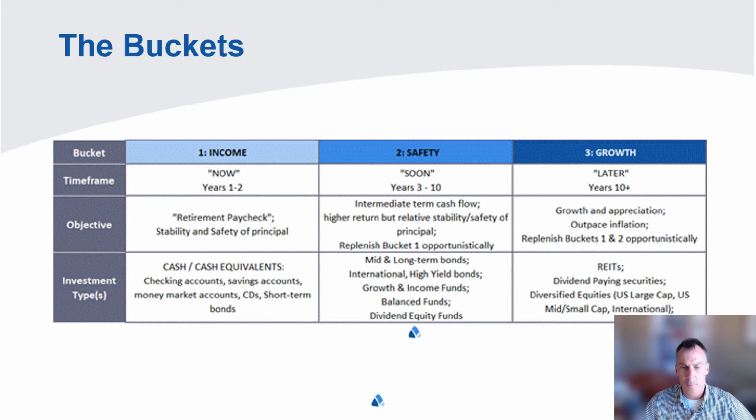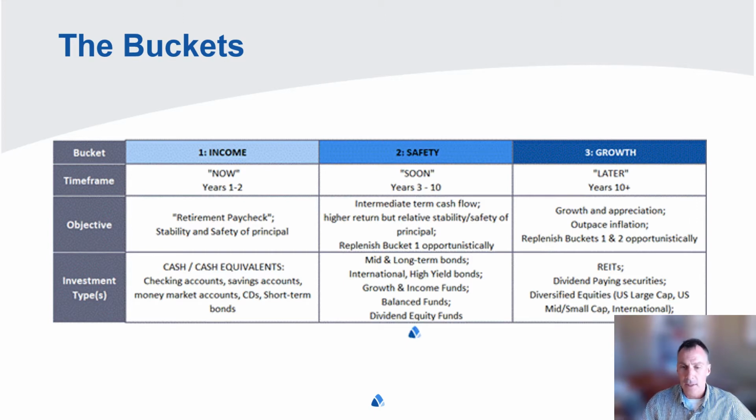So oftentimes bonds are the most appropriate investments for this second bucket, the safety bucket. And again, depending on how much money you have allocated into this bucket, you may be layering in dividend or growth and income oriented equities into this bucket as well for the later years.